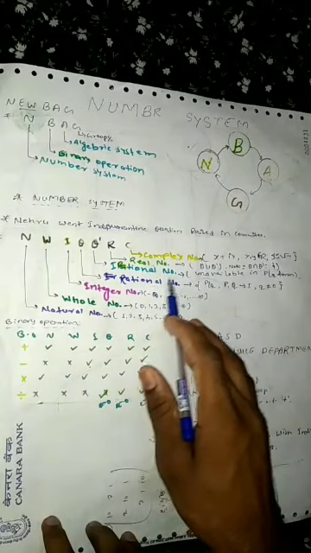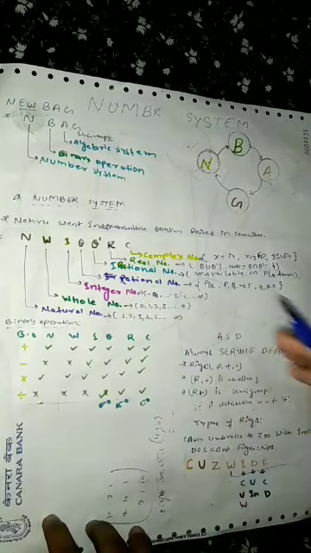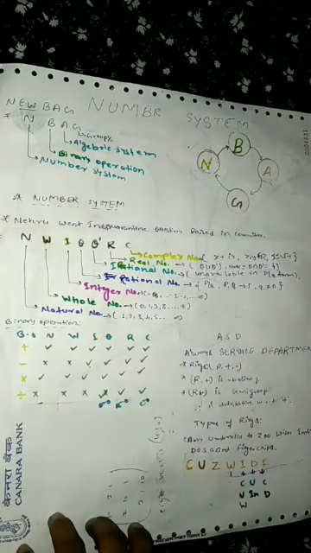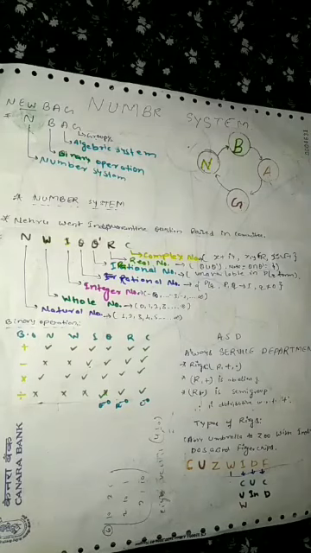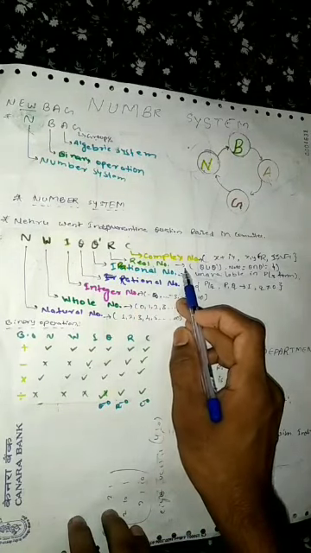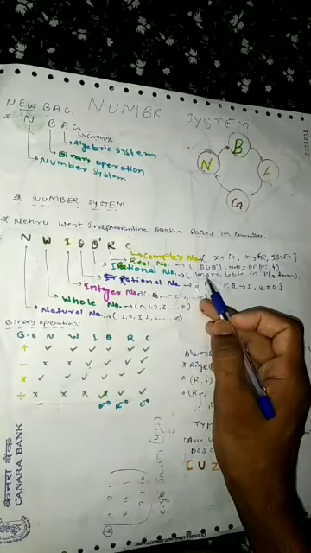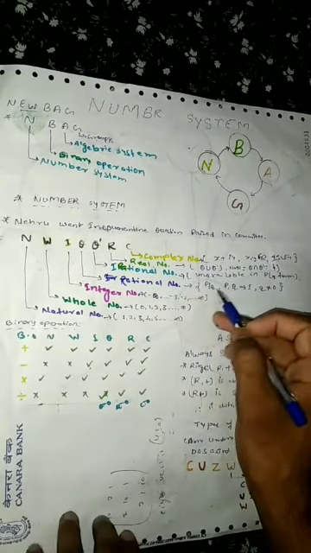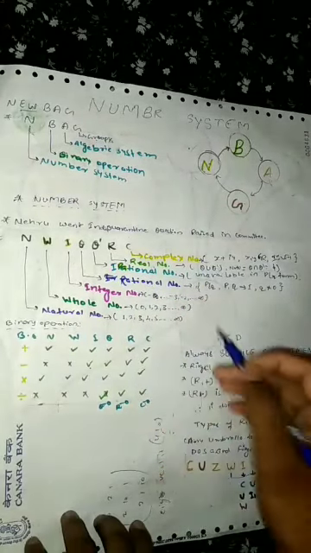And next one is irrational numbers. Irrational numbers means numbers which we can't write in the form of rational numbers, or are not available in p by q form. And then next one is real numbers. Real numbers are the union of rational and irrational numbers.